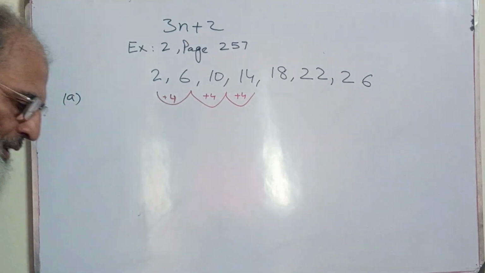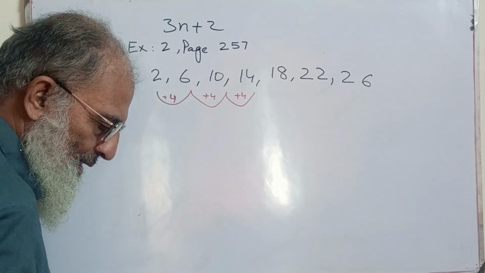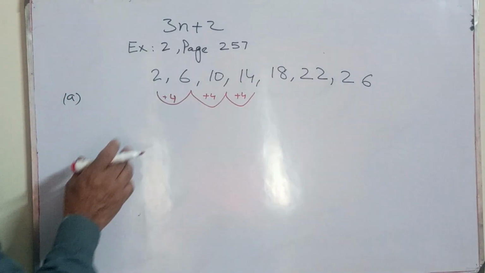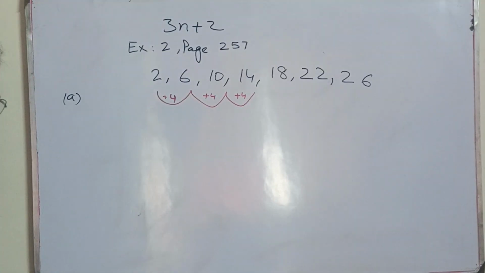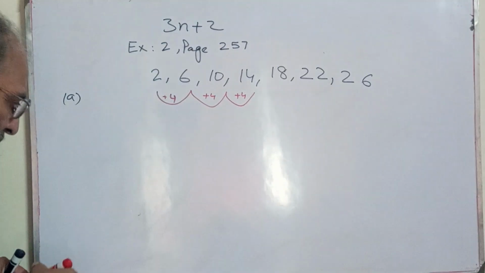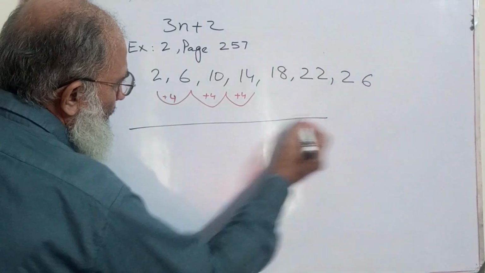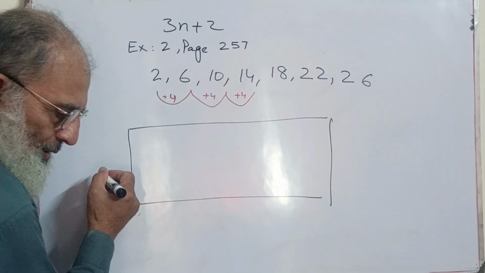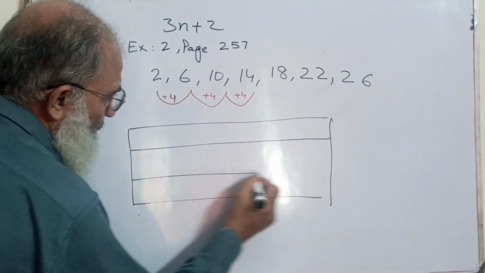Now it means that the 4 is the difference, and if I tabulate it in this form, there are 3 rows.